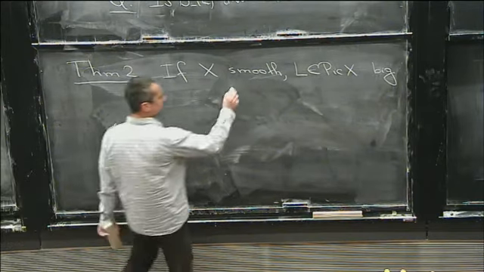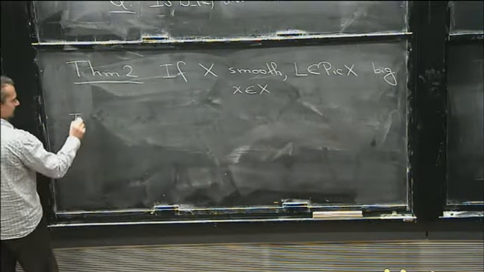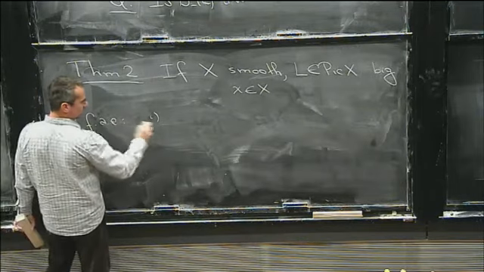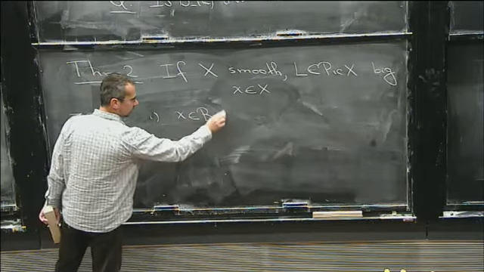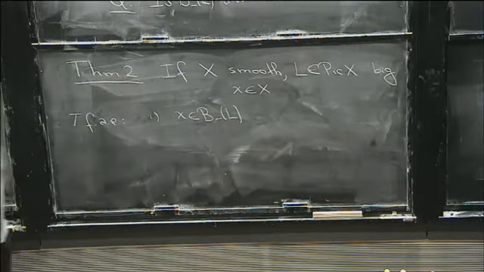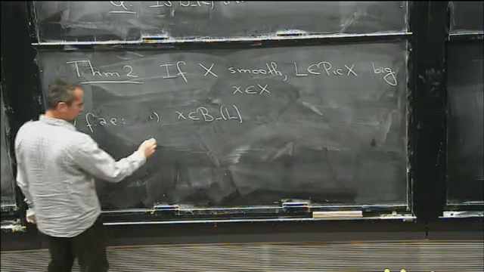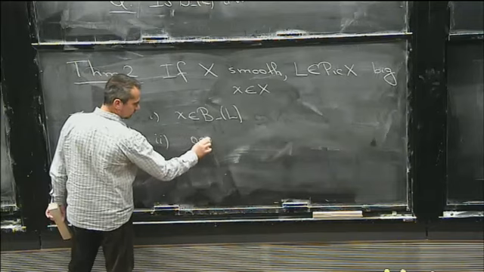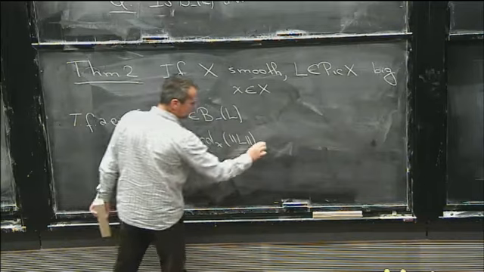And if I take a point x in X, then the following are equivalent. First of all, that x is not in this B_-(L). In other words, you should think L is nef at this point. The second property says that this function vanishes at x, so ord_x of L is actually 0.